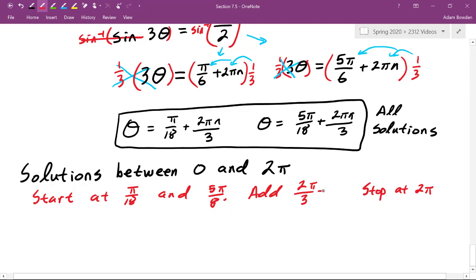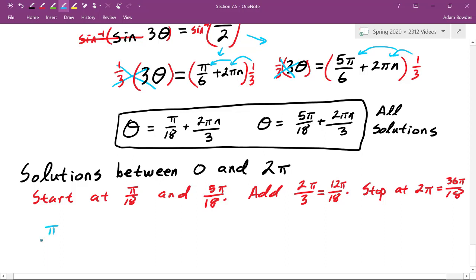So let's think of this. If we add 2 pi over 3, we need a denominator of 18. So that would be 12 pi over 18. And if we stop at 2 pi, that would be the same thing as 36 pi over 18.